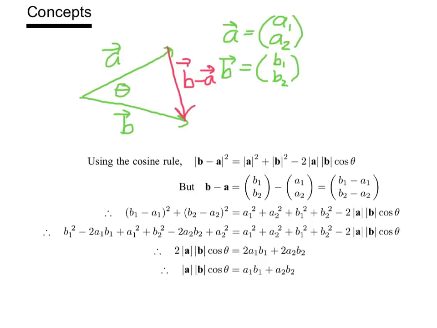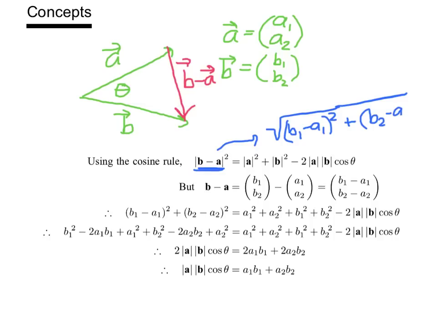Now there's a step that your textbook skips, and that is finding the magnitude of vector B minus vector A. Remember, to find the magnitude, we take the square root of the x component squared, which in this case is B1 minus A1 squared, plus the y component squared, which in this case is B2 minus A2 squared.